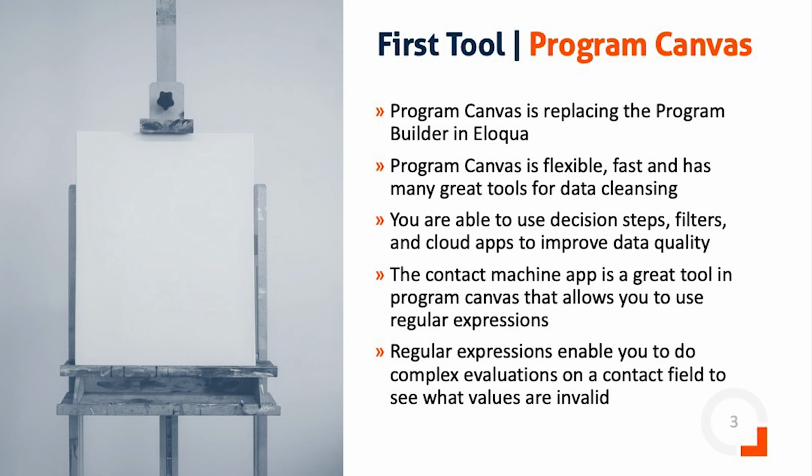Things like that. And the other tool the Program Canvas gives us that I really like is the Contact Washing Machine app. And not even just because it's capable of writing values, but because it gives us access to using regular expressions.